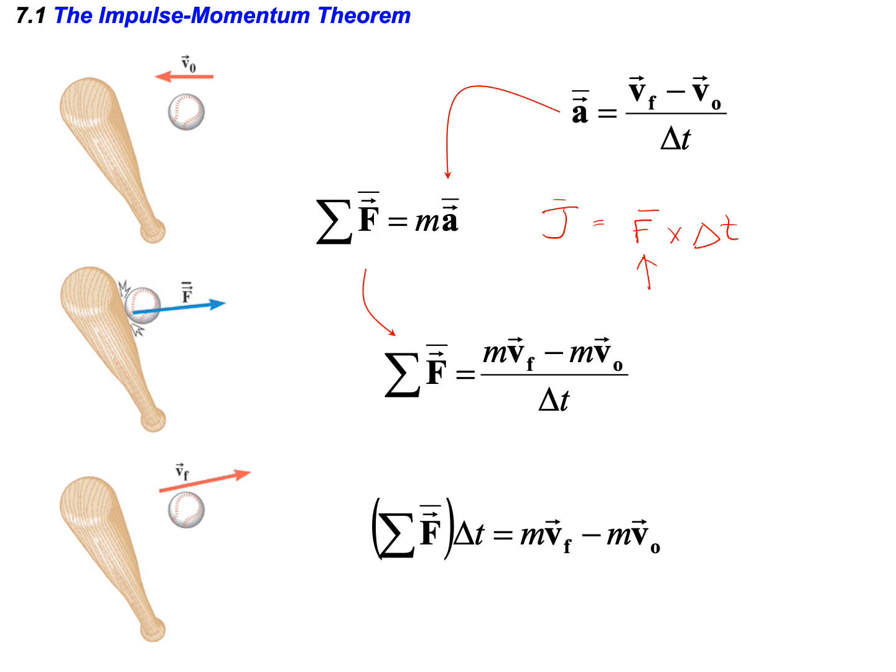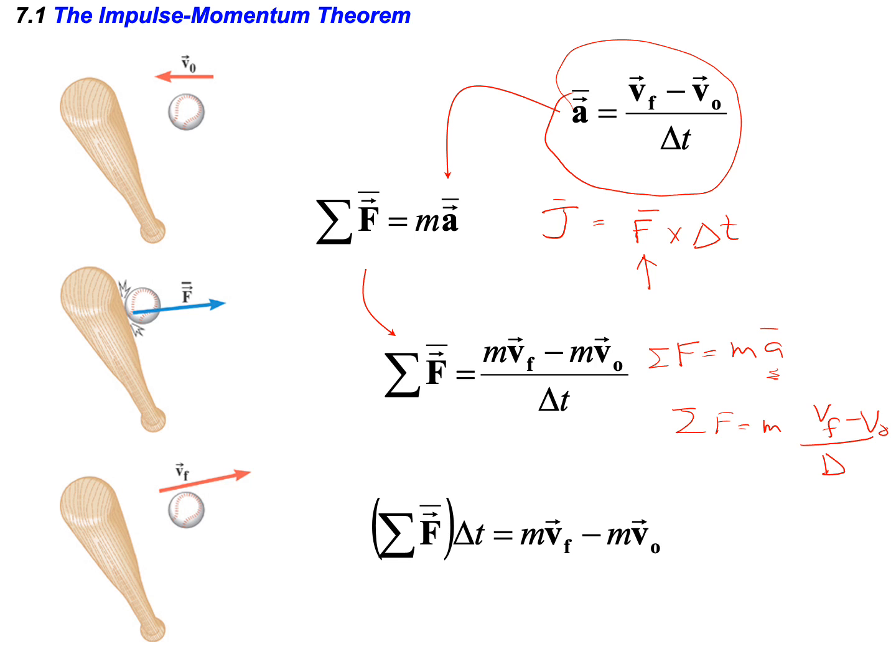Instead of force I can write net force, mass times acceleration, and instead of acceleration I can write v final minus v naught divided by time. The time interval I can write as delta t.